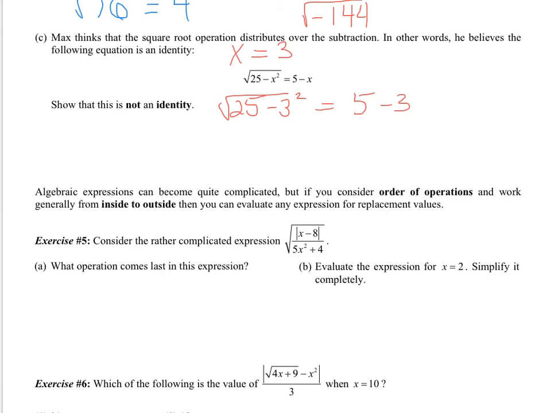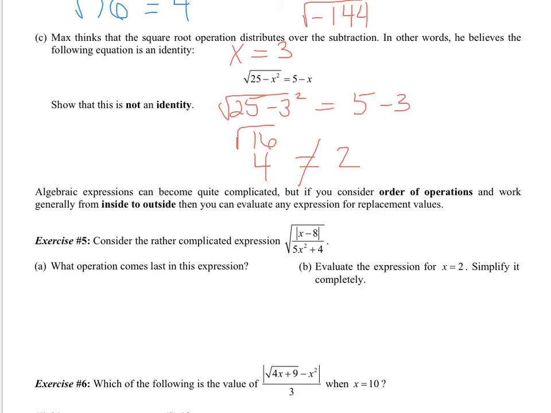Based on our work in part A, we found out that 25 minus 3 squared was 25 minus 9, which gave us the square root of 16, which resulted in a value of 4. Well, over here, 5 minus 3 is 2. These are not equivalent, so this is not an identity.